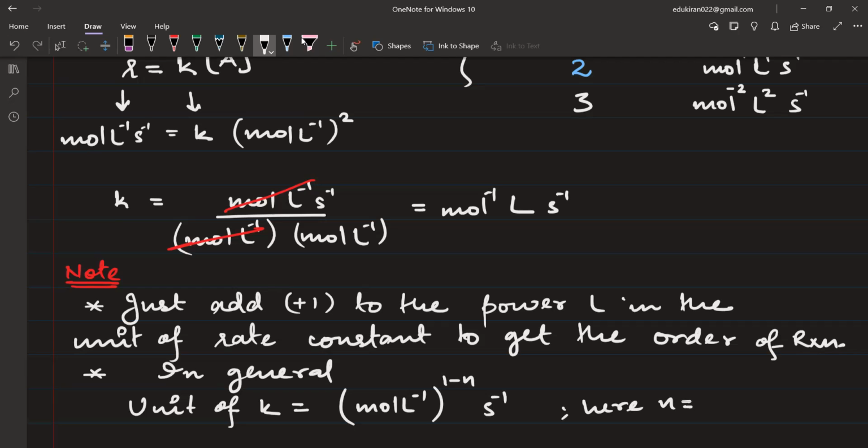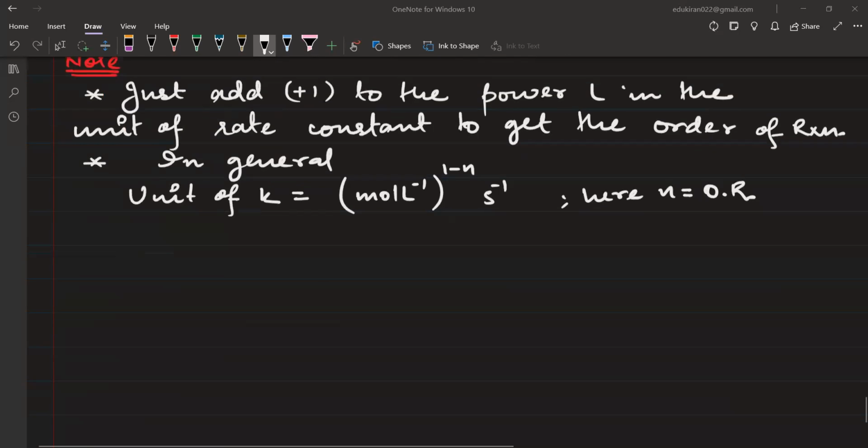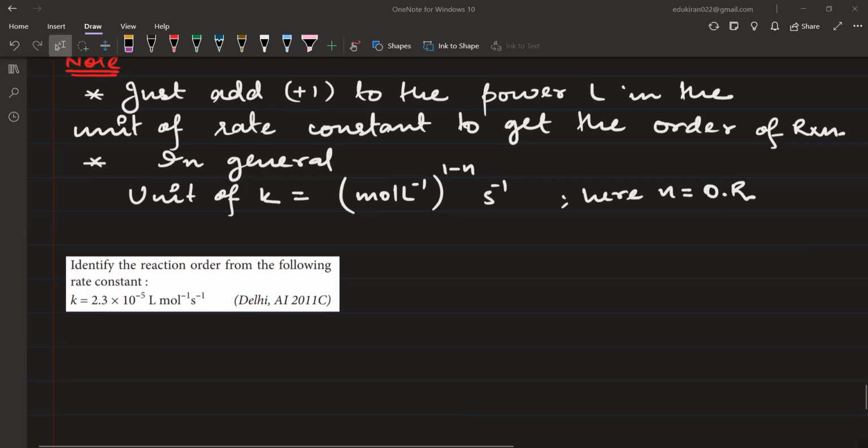Here n is equal to the order of reaction. Start writing questions.